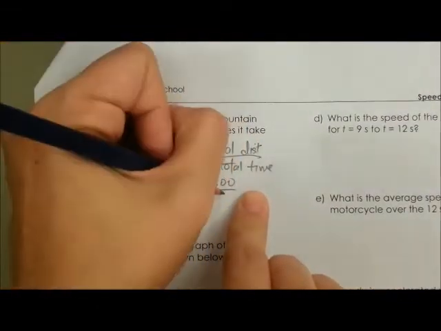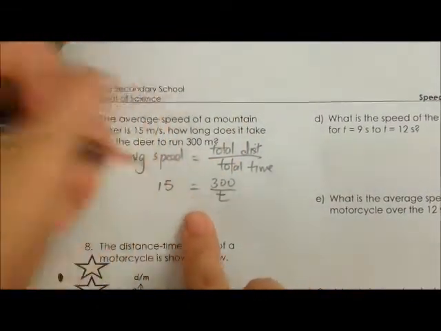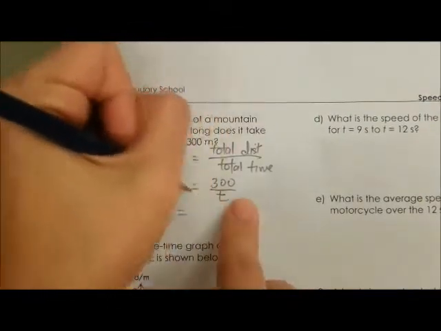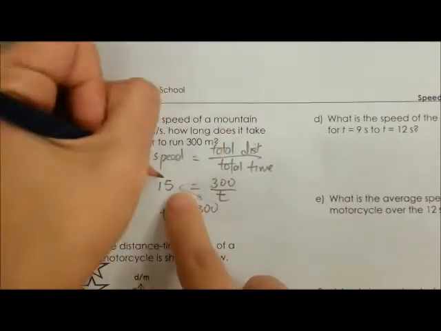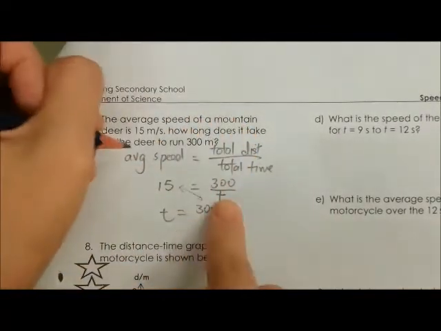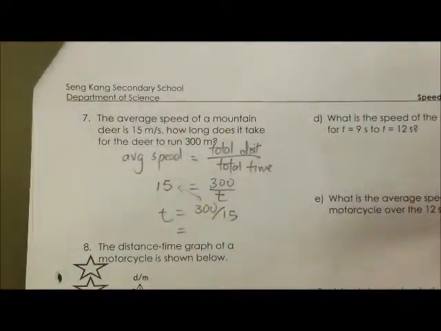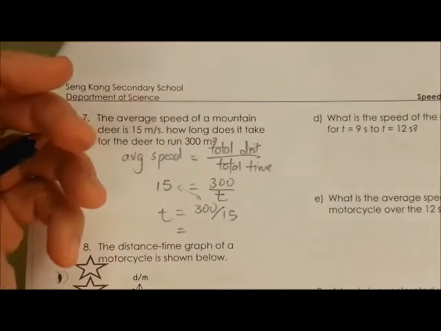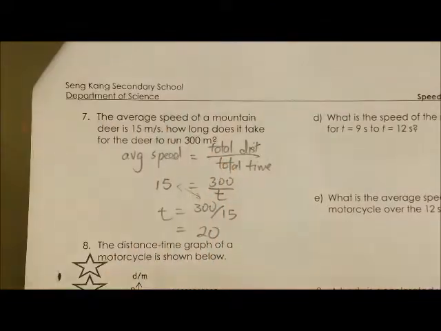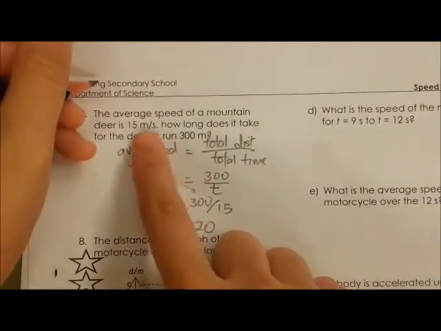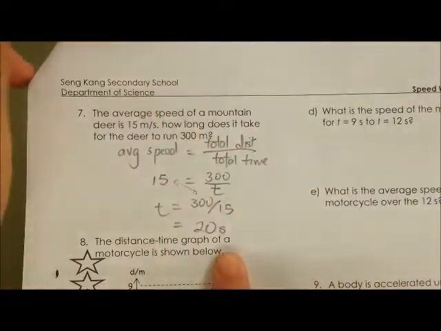Total time is what you want to know. You cross multiply, 300 divided by 15 when you want to get your t. 20. What is the unit? The unit for time is seconds in this case.